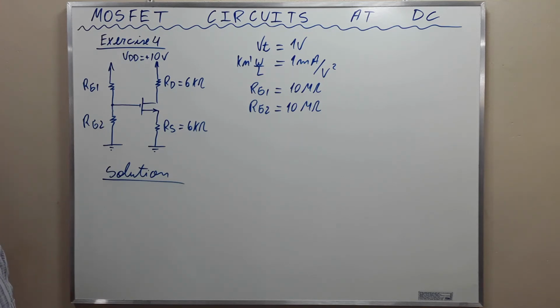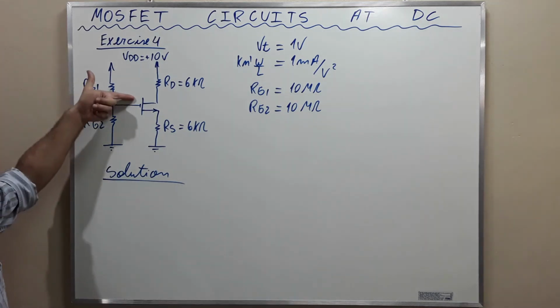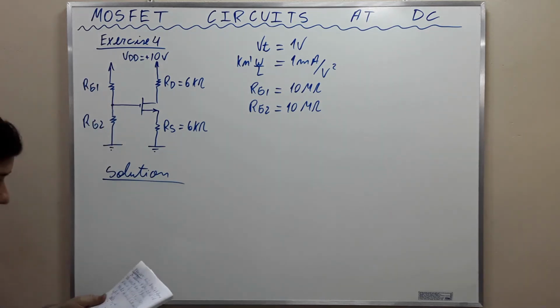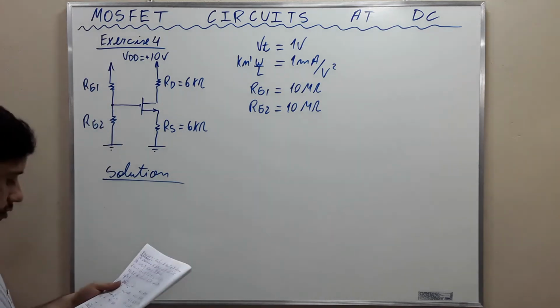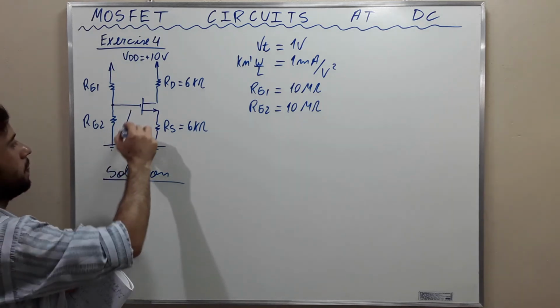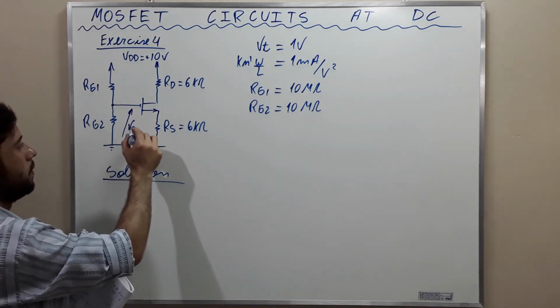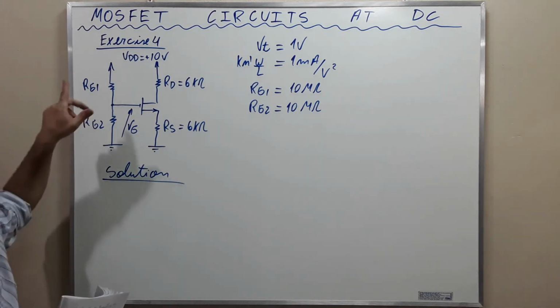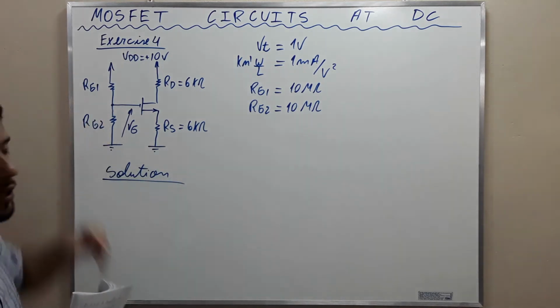And you have to replace it. Under normal operation, this current here is 0. Okay, since the current is 0, to find this voltage here, Vg, we can simply apply a voltage divider rule here.